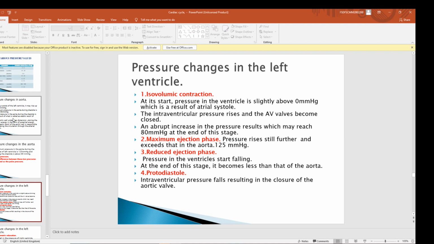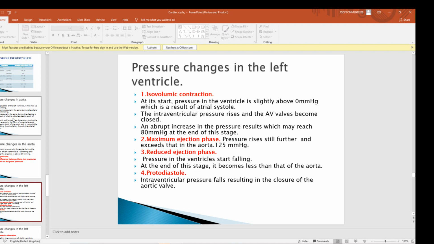The intraventricular pressure rises and the AV valves become closed. An abrupt increase in pressure results, which may reach up to 80 millimeters of mercury at the end of this stage. Now, maximum ejection: the pressure rises still further and exceeds the pressure of the aorta, which is 125 millimeters of mercury.